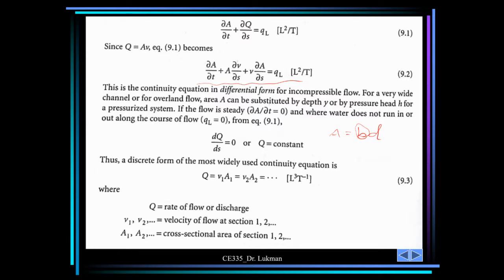Let's say you have flow in pipes, or a system under pressure, like the confined aquifer that we have looked at before.